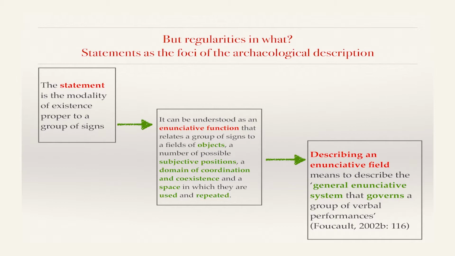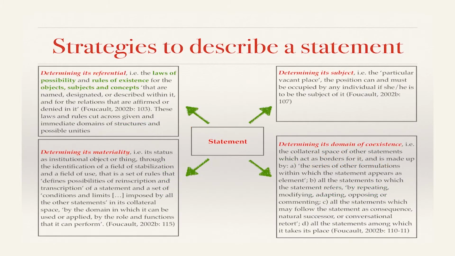He is quite clear when he says which are the strategies to describe a statement. In order to describe a statement, we need to determine the referential of the statement, which means the laws of possibility and the rules of existence for the objects, the subjects, and the concepts that are named, designated, described within it.